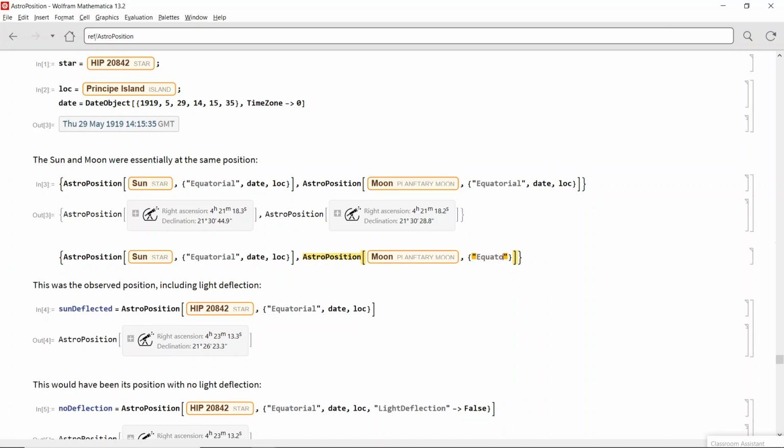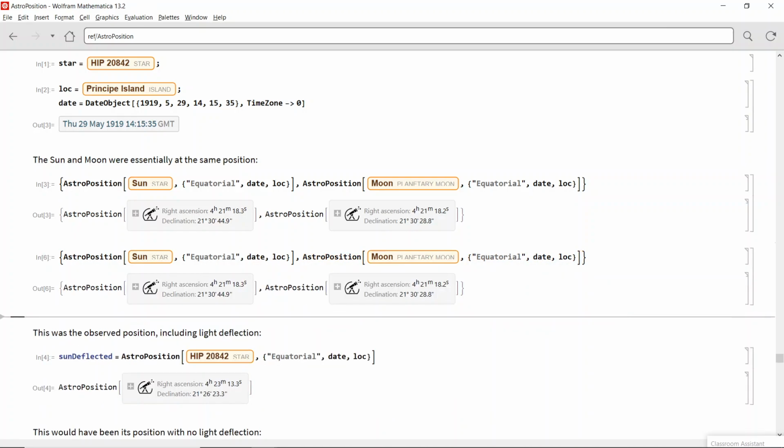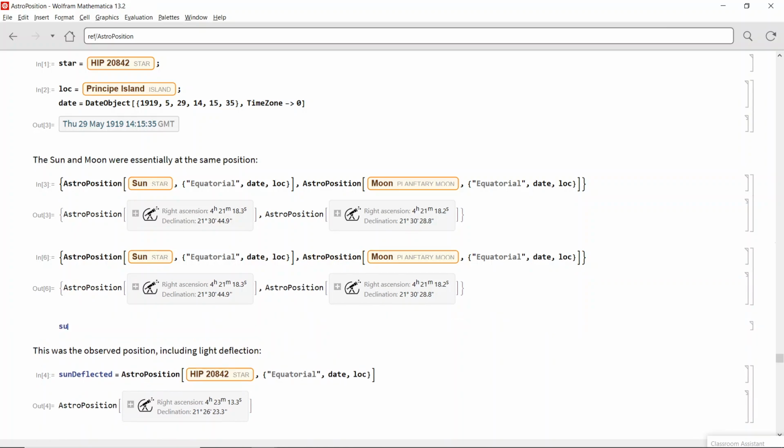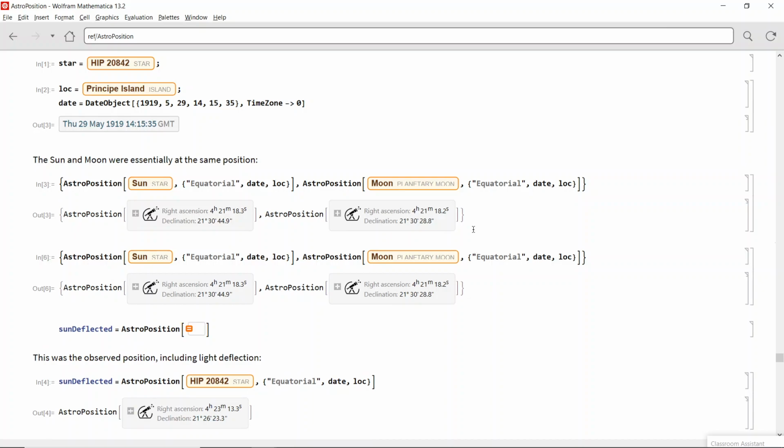Moon, equatorial, date, loc. This was the observed position, including light deflection. Sun deflected equals AstroPosition HIP 20842. No. What's the name of this star?